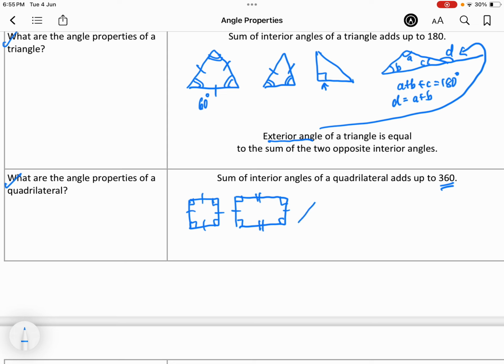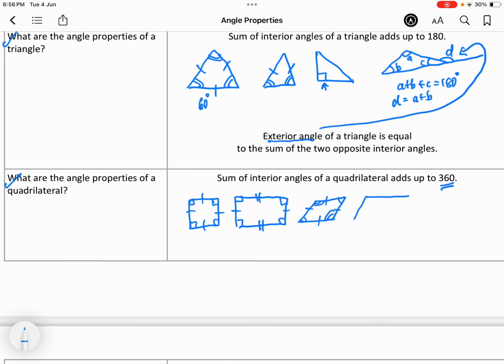You can have a rhombus. All four sides are equal, as well as opposite angles are equal, and these add up to 360. That's a rhombus.